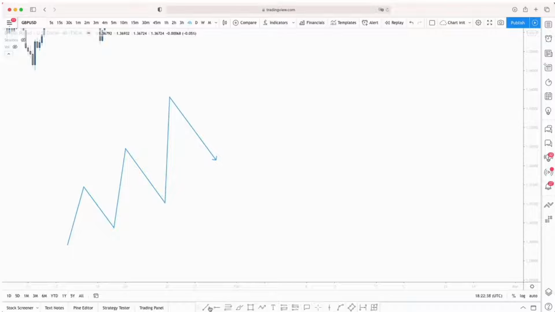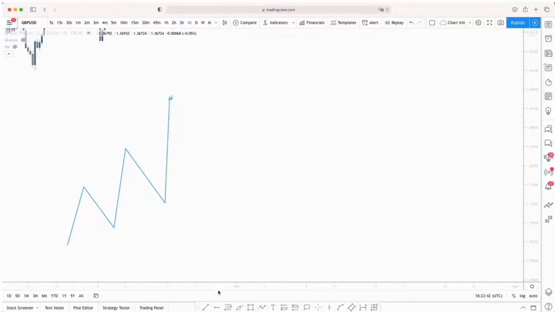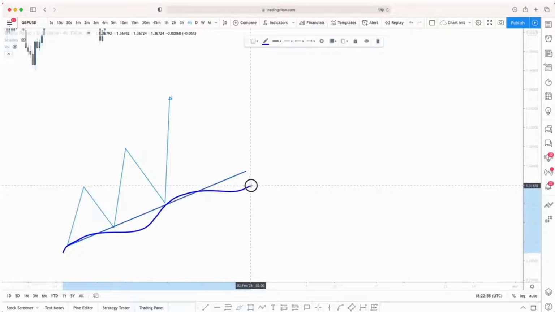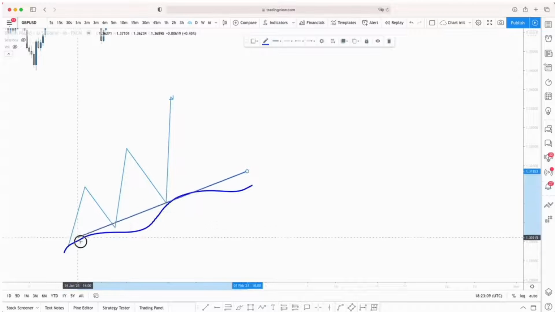Sorry, let me move that there. You're in a nice uptrend, and you've got a great trend line, and also a very nice EMA.